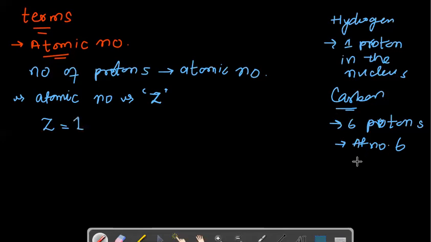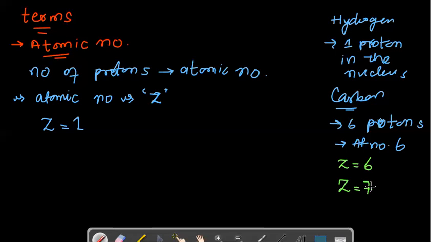If I talk about carbon, I will say that it has Z equals 6. If I talk about any other species, it will have an atomic number of 7, 8, similarly, depending upon the number of the protons present in the nucleus.